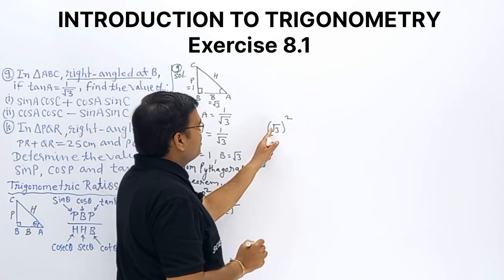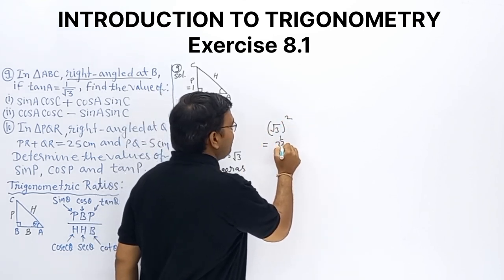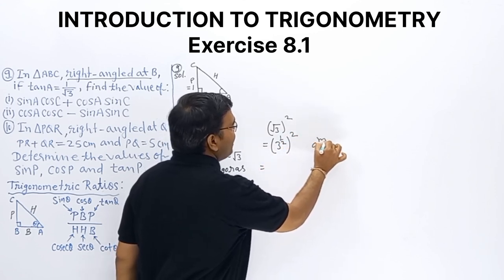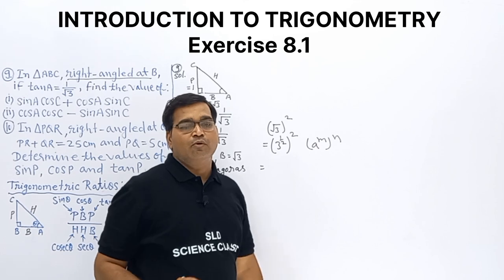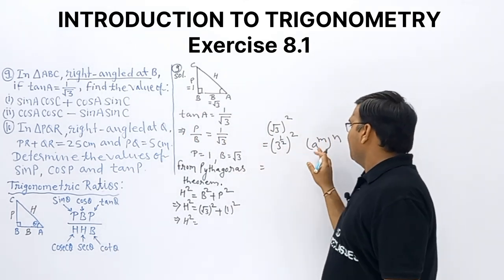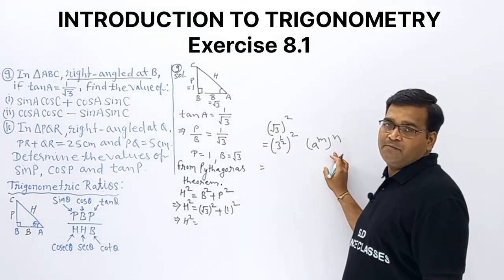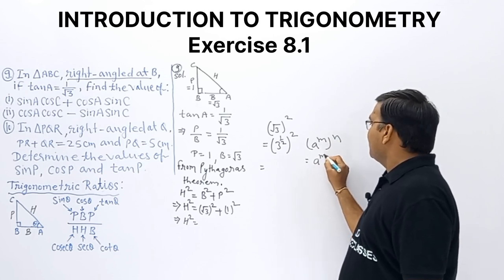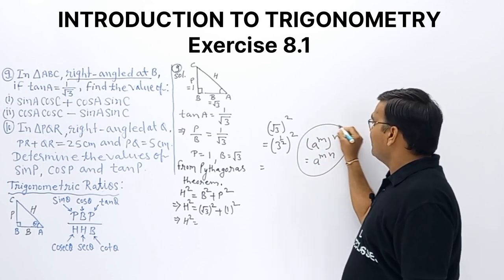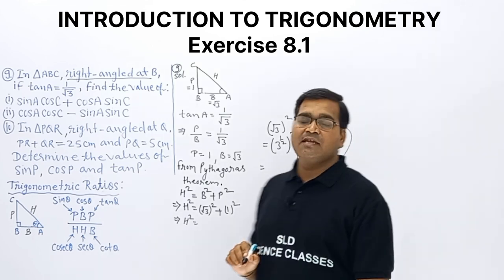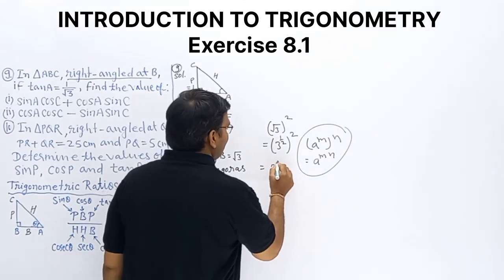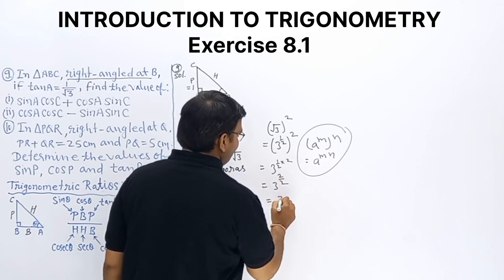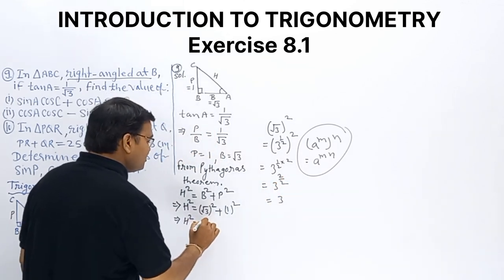How will we solve it? Square root can be written as power 1 by 2 and its whole power is 2. Now it is in the form of a power m whole power n. By the laws of exponents, a power m whole power n is a power mn. Applying this, we get 3 power 1 by 2 into 2, which is 3 power 2 by 2, and this is 3.